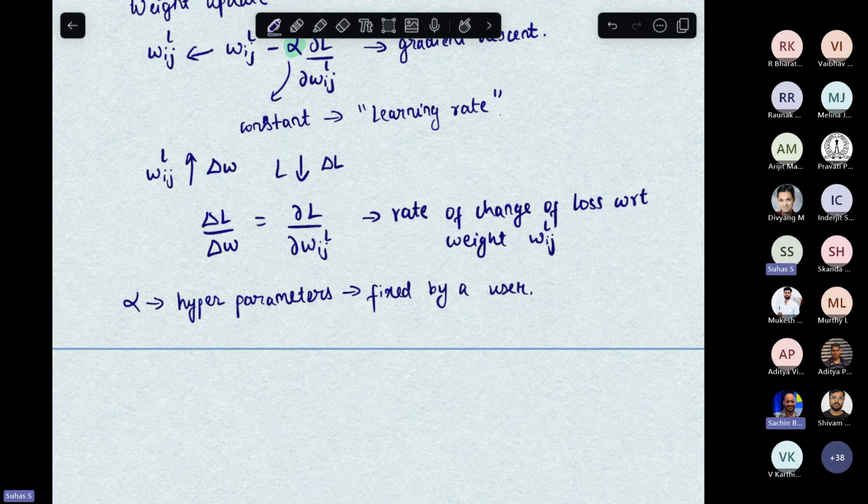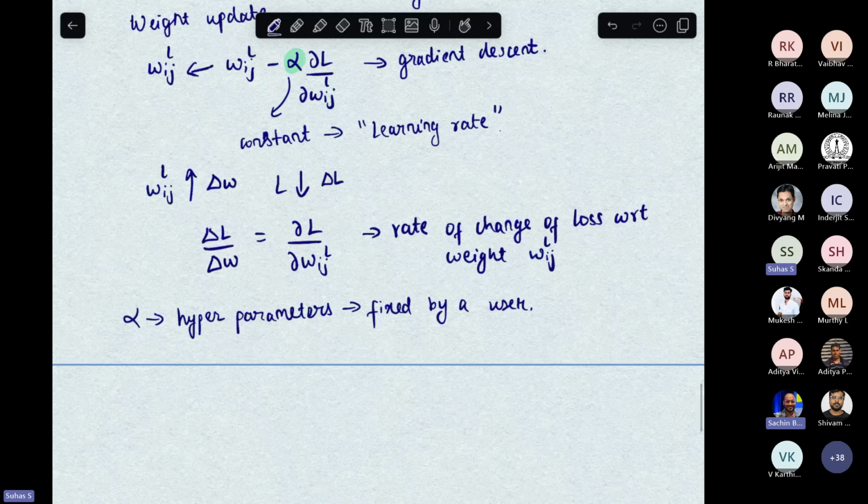One more question. In one back propagation, is this derivative with respect to each separate weight, or with the entire network? Good question. This weight update is usually done for all the weights of the network.